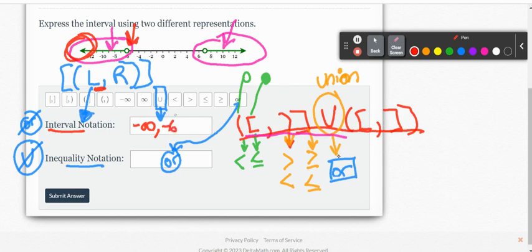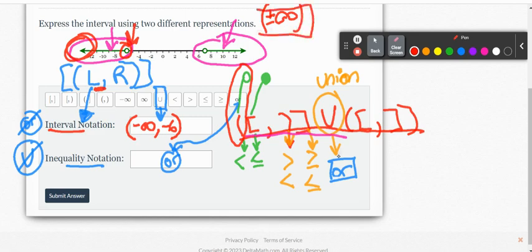So what we do with that is we put parentheses on the negative infinity because we don't touch negative infinity. You put brackets on things you do touch, parentheses on things you don't touch. -6, we actually don't touch either because there's an open dot there. So open dots give you parentheses, and then anytime you do infinity, positive or negative infinity, it's always a parentheses, never brackets. So that's our leftmost set, and then our rightmost set starts here.